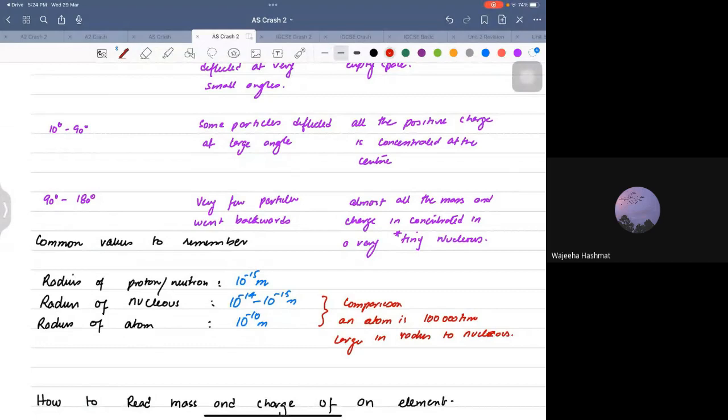It's very, very big, and you need to remember it because they might ask you to calculate the volume. If they ask you to calculate the volume, you just use the volume formula, but you have to know the radius anyway.